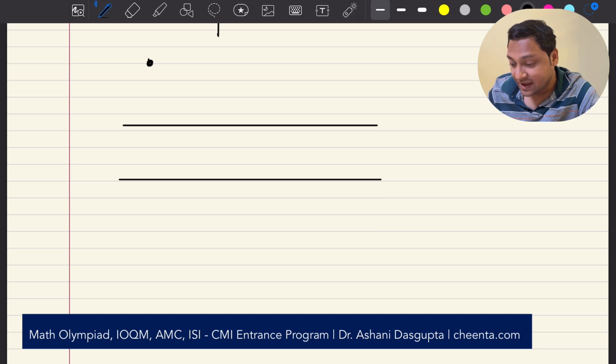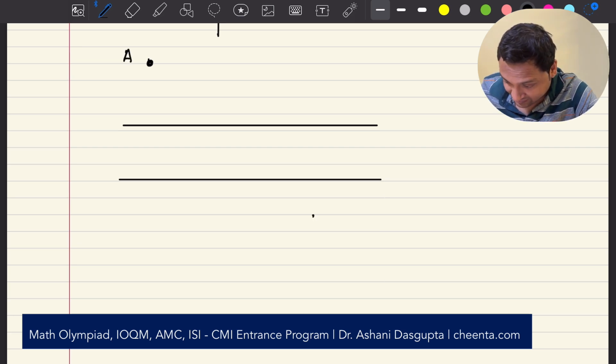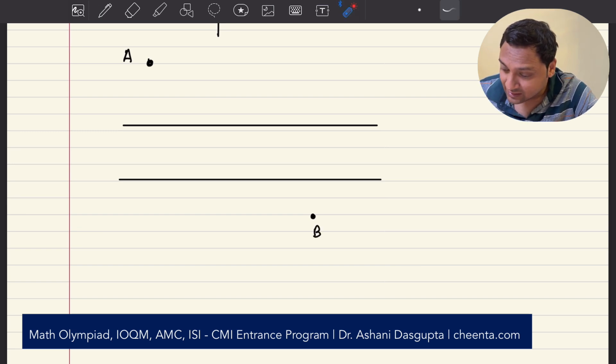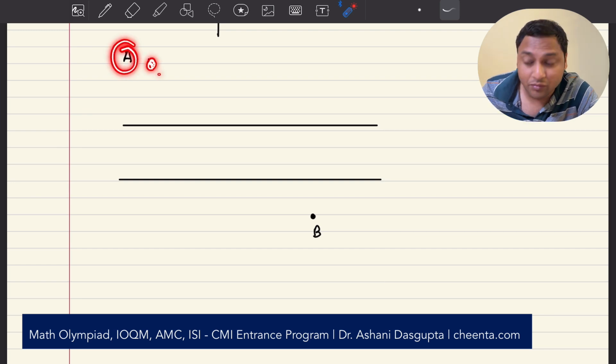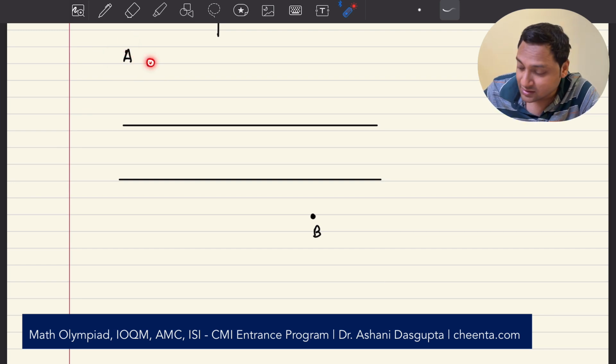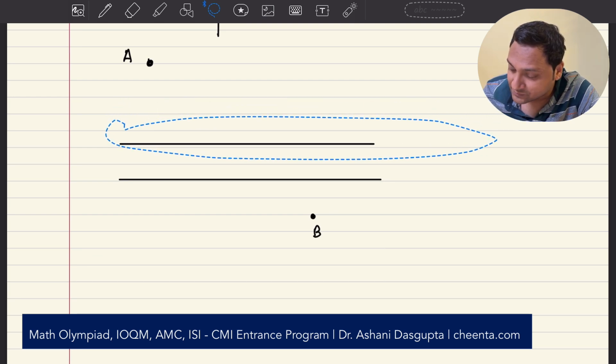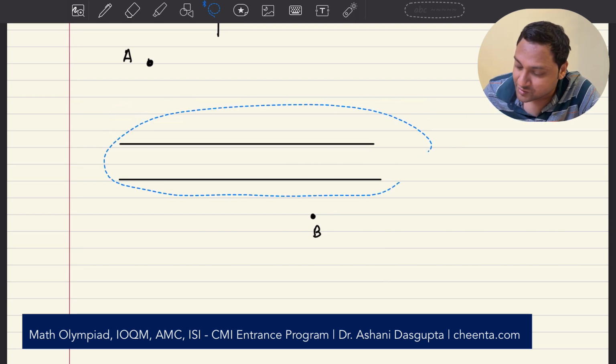So suppose we have a particular person A, and there is another person B, and this person wants to come from his home, which is this black dot, to his friend's home. But there is a river in between. Maybe I can thin out the river a little bit. Yeah. There is a river in between.